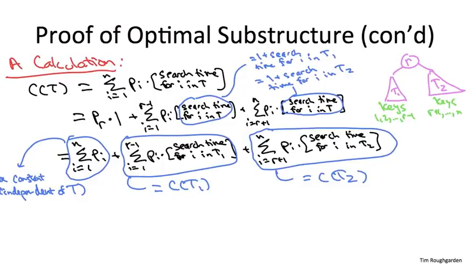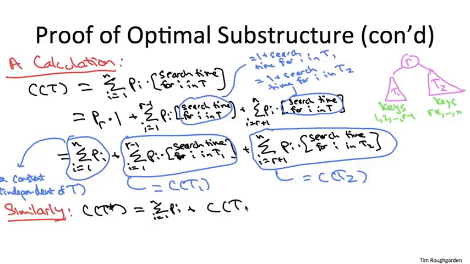In particular, that's true for this tree T star we got by cutting and pasting the better left subtree T star 1 in for T1. So applying this reasoning to T star, we can write its weighted search cost as the sum from i equal 1 to n of all the p_i's plus the weighted search cost of the left subtree of its root, which remember by construction is T star 1, and then it has the same right subtree as the tree T does, namely T2.